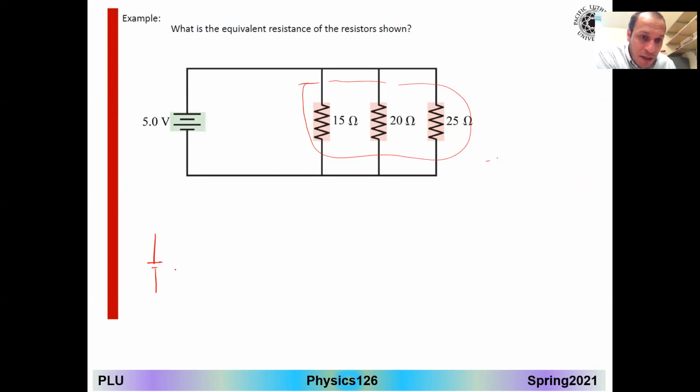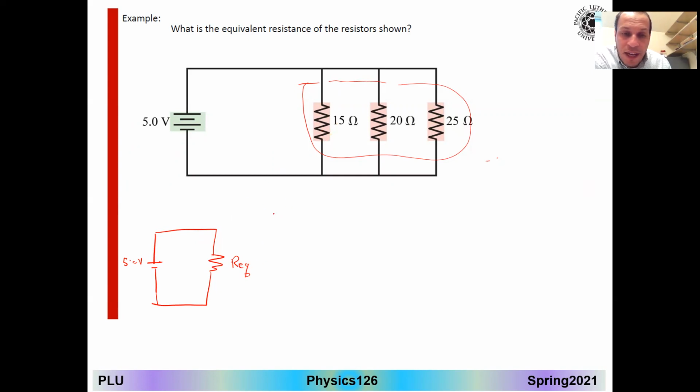So we have this particular equivalent circuit. Here is the 5 volts, and here is my R equivalent. Equivalent means both circuits are the same. What is the value for the R equivalent?